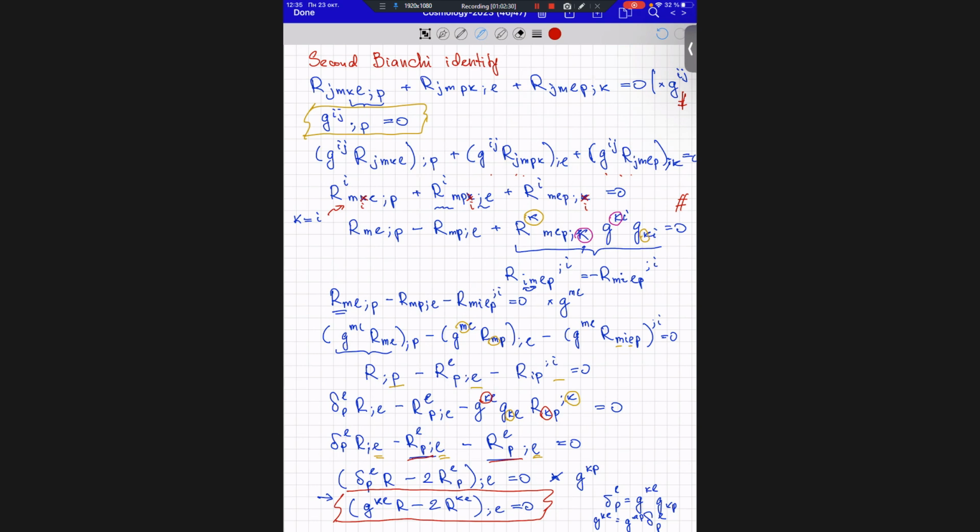What was the main point of what we did? We considered the swapping of the first Bianchi identity. But to make this swapping correctly, when we put the same indexes, you obtain two summands which are equal to each other.